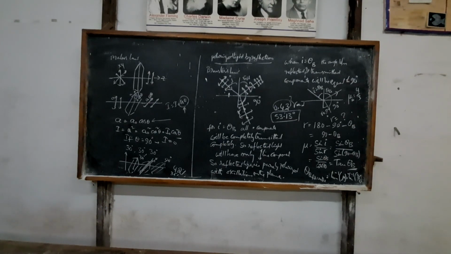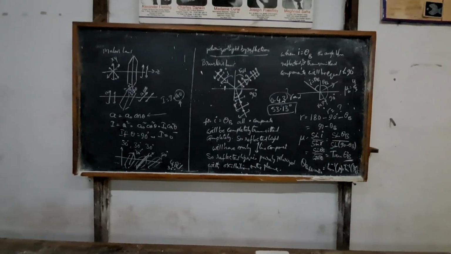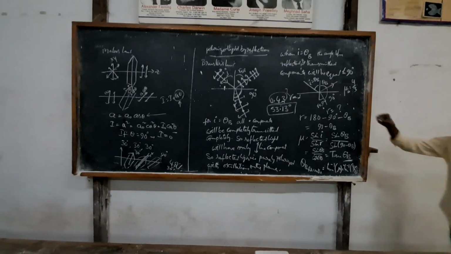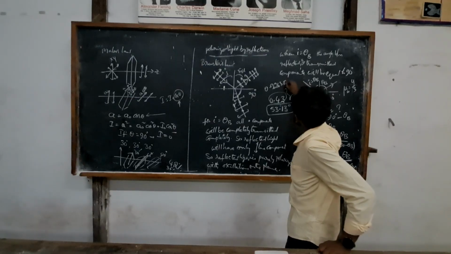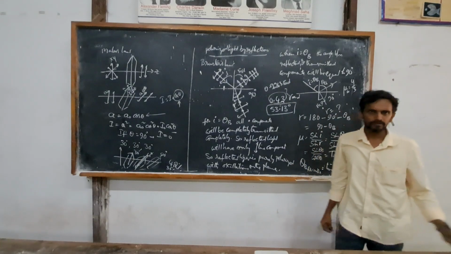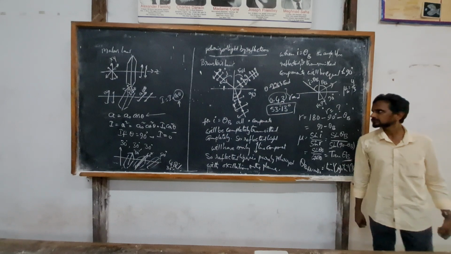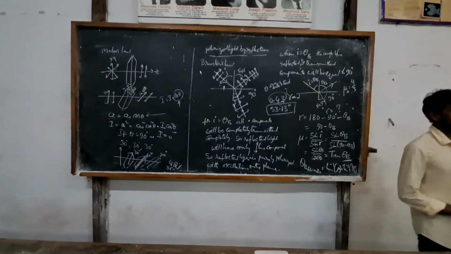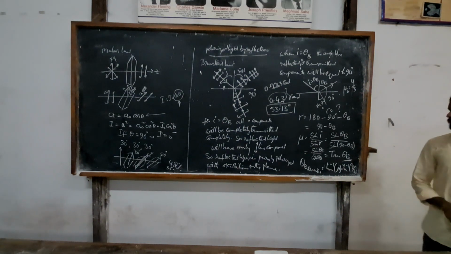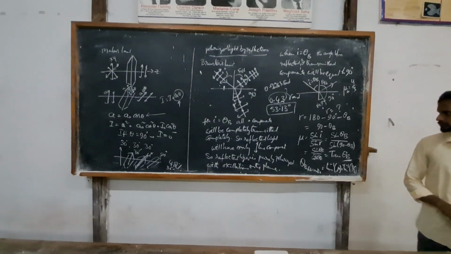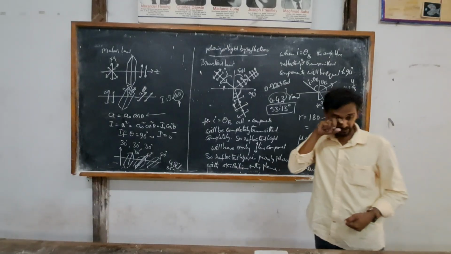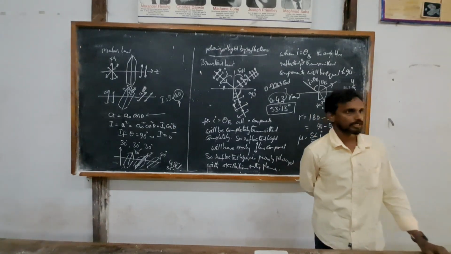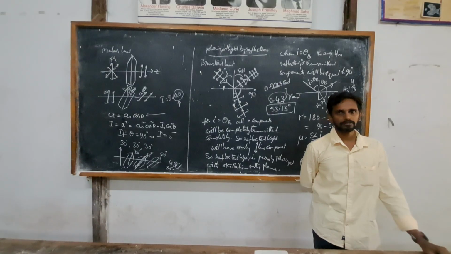So the value is 0.9263 radians. It comes out to be 53 degrees around. Right? So the next possibility of generating polarized light is by double refraction. That is in the next session.